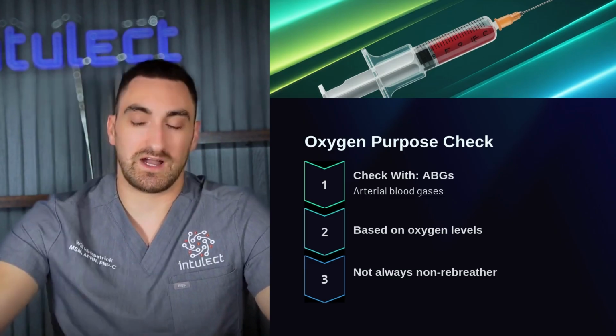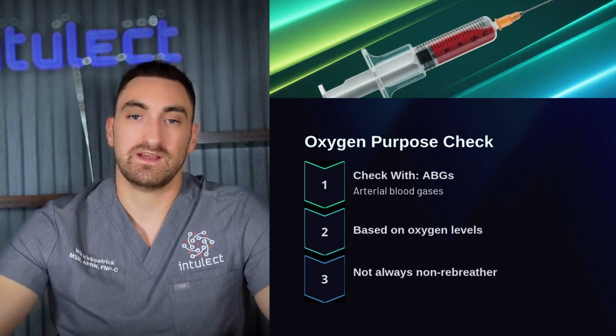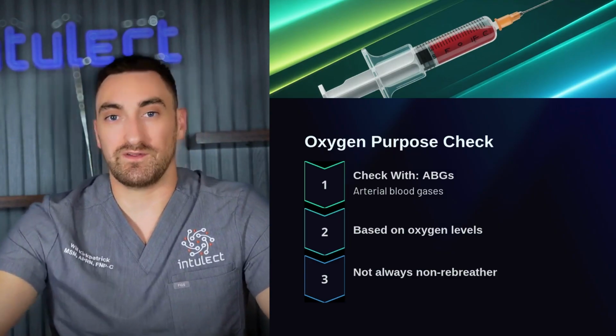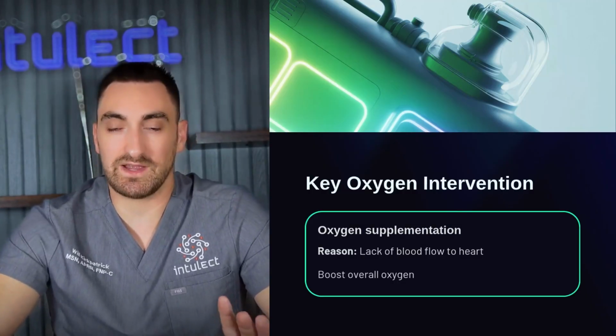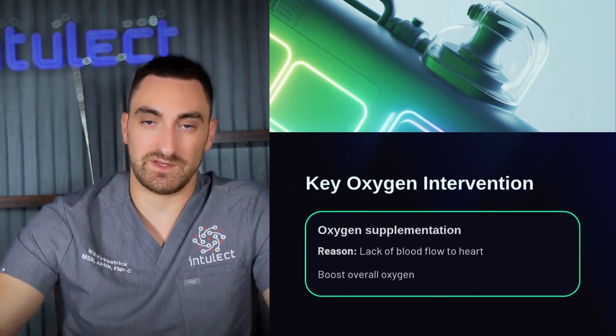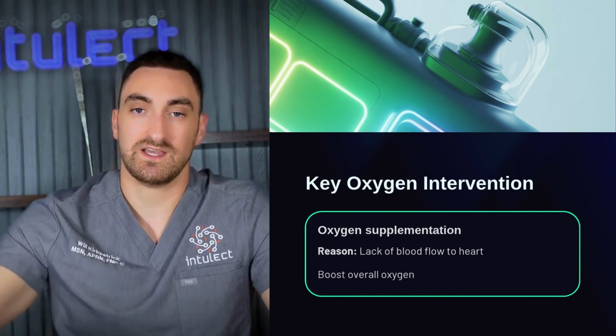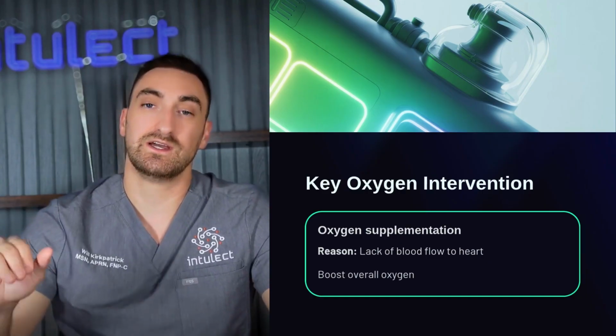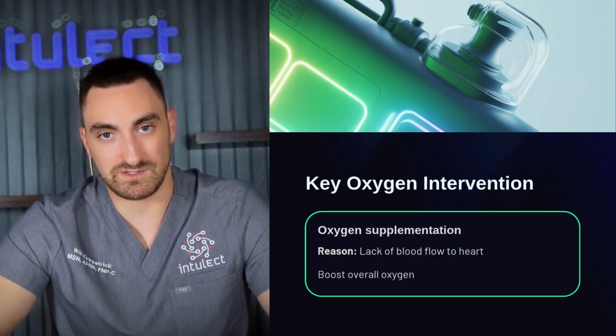And if those oxygen levels are at a certain point, maybe we don't go straight to a non-rebreather, right? Or going up in ventilation. This is something to keep in mind, but realistically, that is an intervention that we're going to be doing, oxygen supplementation, because once again, they already have a lack of blood flow to that myocardial tissue. So yes, we are going to supplement with some oxygen.